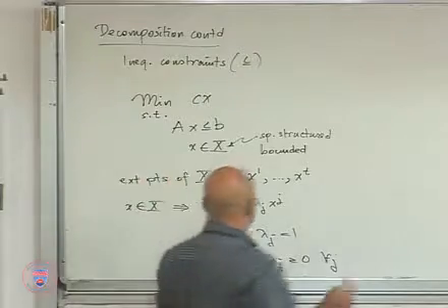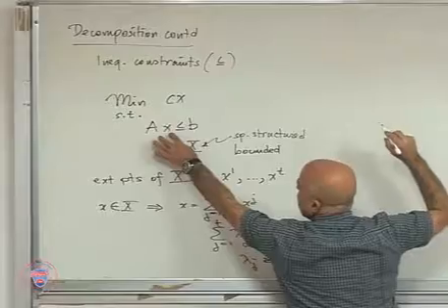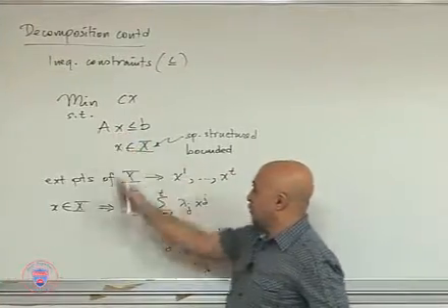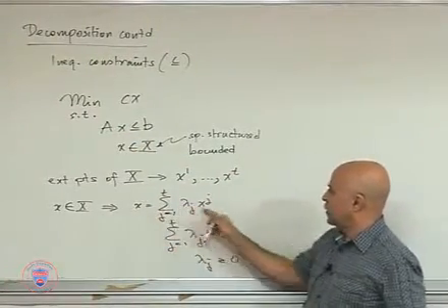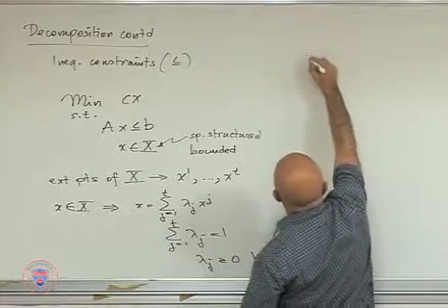So with that, when you transform the problem, in place of x, if you write the expression sum of lambda j xj, then you obtain the following master problem.